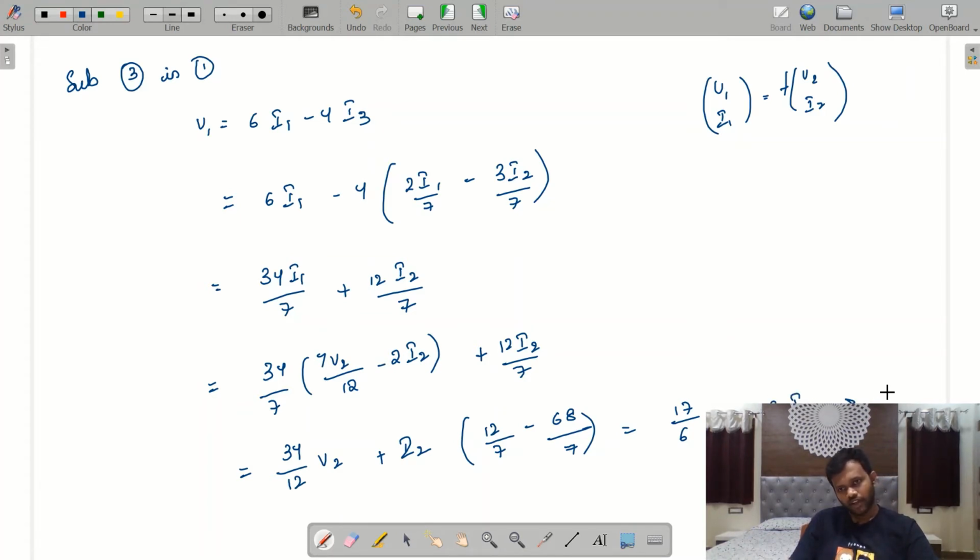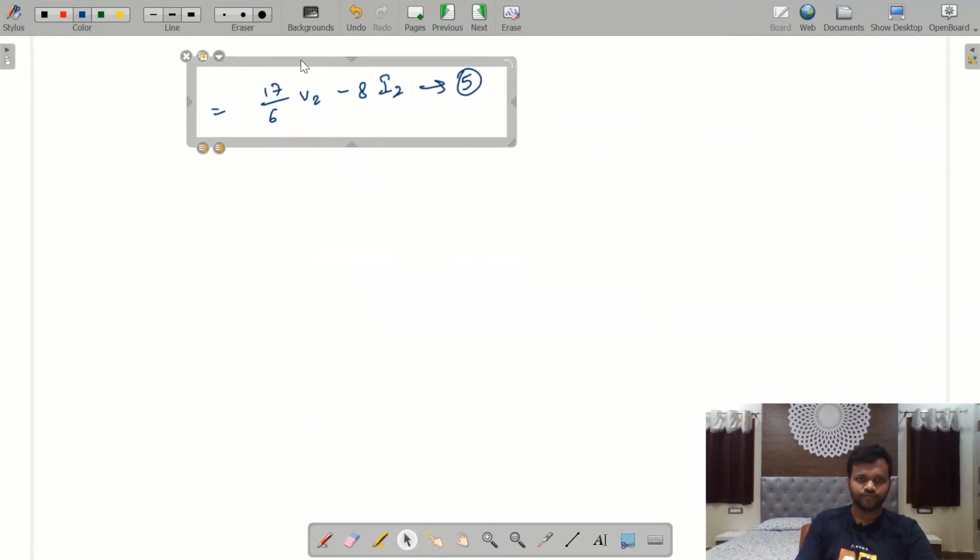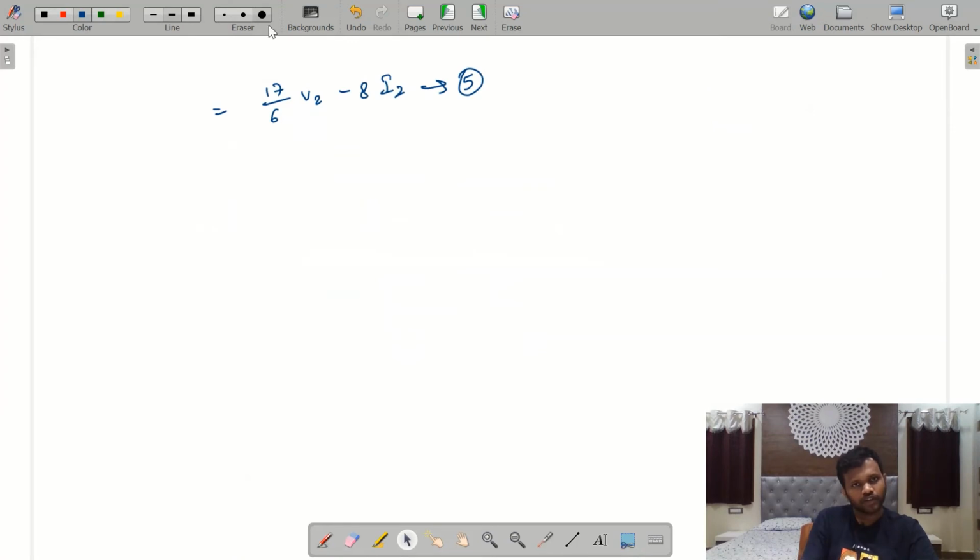This is my equation 5. Right, I am just writing equation 4 and 5 on a new page.